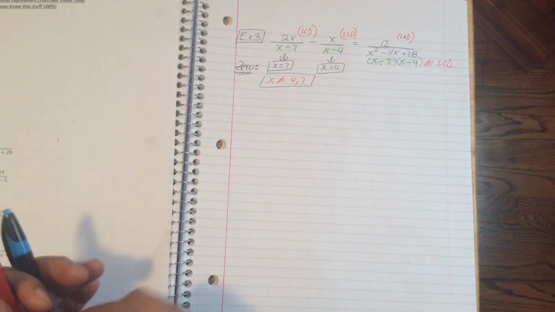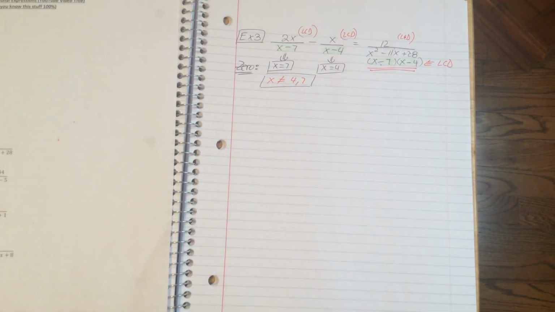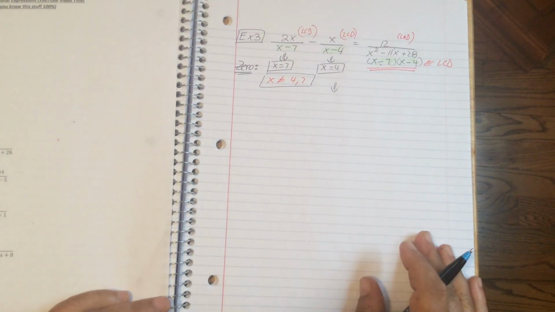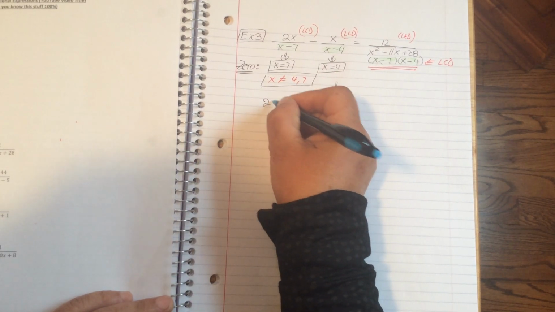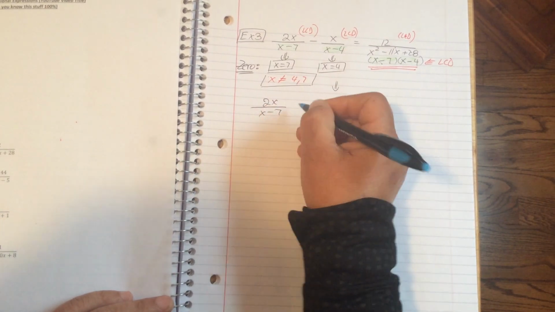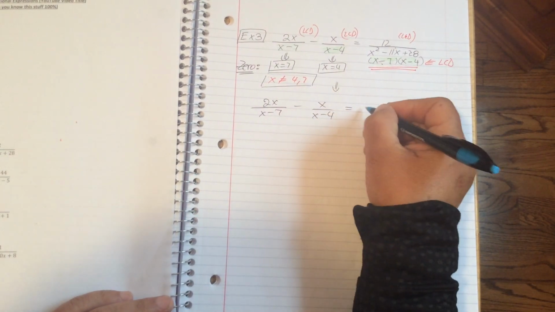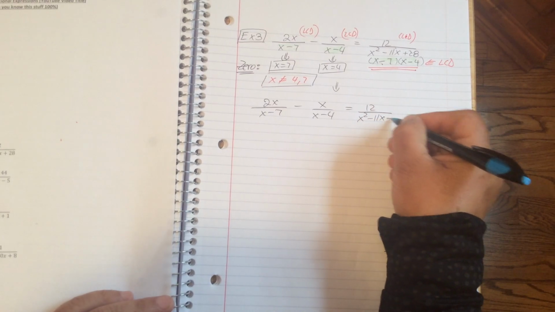And LCD is just the trinomial. Now, let me rewrite this again. 2x minus 7, minus x minus 4, equal to 12 over x squared minus 11x plus 28.